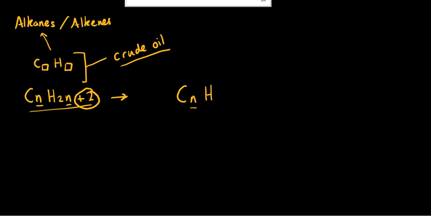Now I have 20. And the opposite of times by 2 is to divide by 2, which gives me 10. So therefore I would have C10H22.